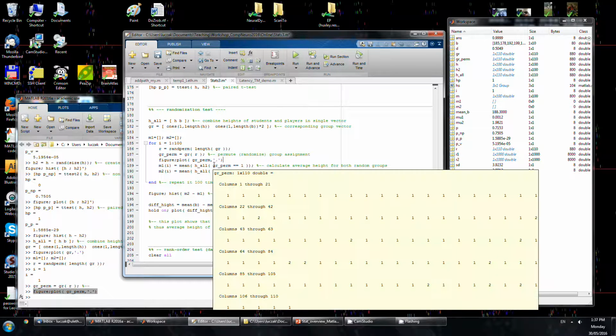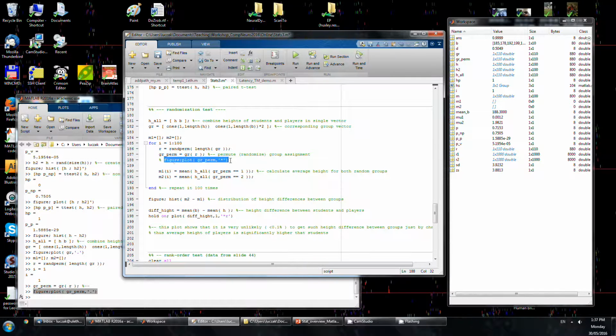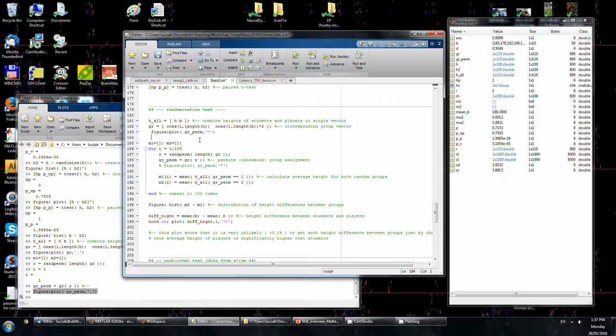So let's put this line in this code if somebody wants to execute it, and let's put it as a star symbol, so it will be easier to see. And here is the grouping of the original distribution.